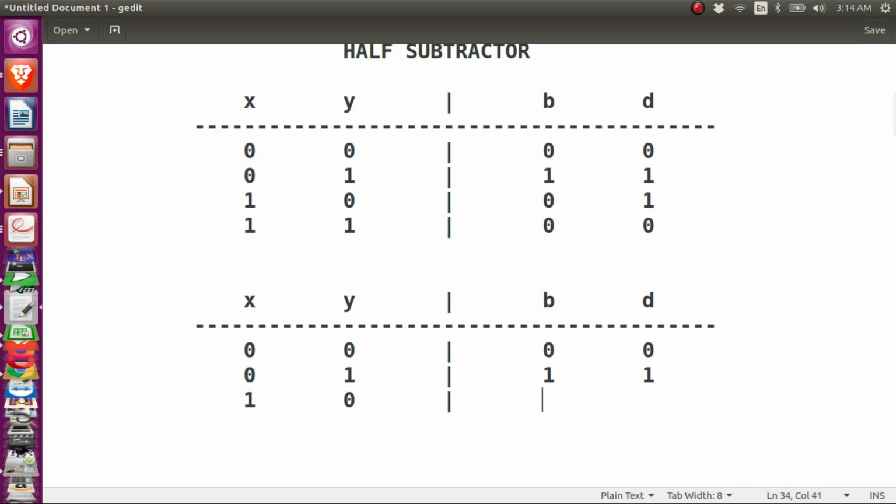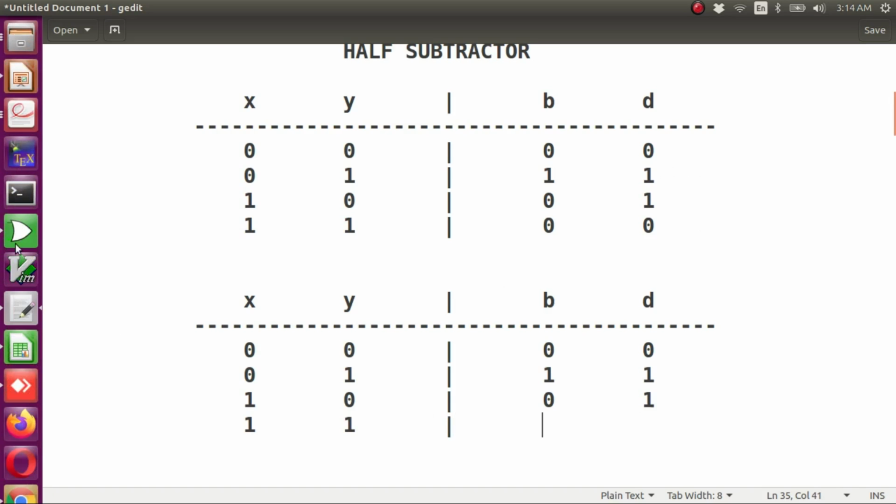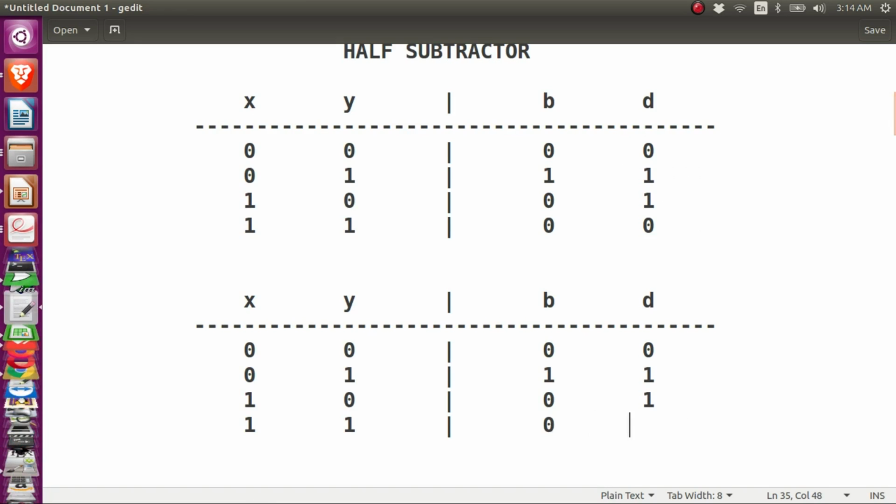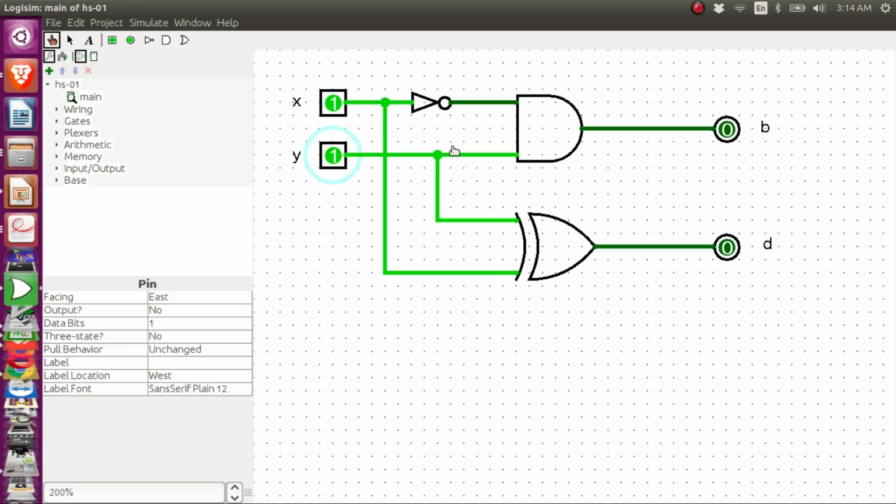So B is 0, D is 1, and finally when I give the input 1 1, the output is 0 0. And as you can see, the two tables are matching, so we can say that this logic circuit indeed implements the truth table of the half subtractor.